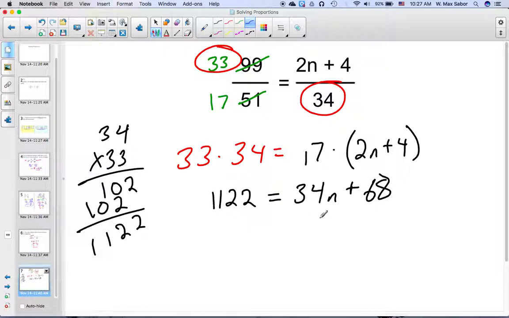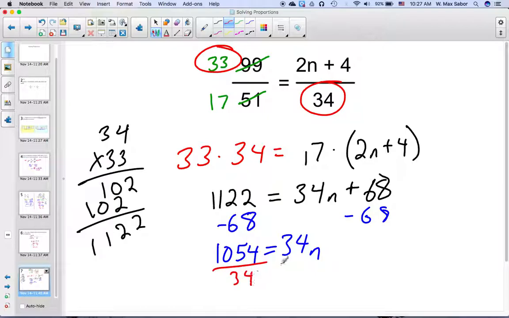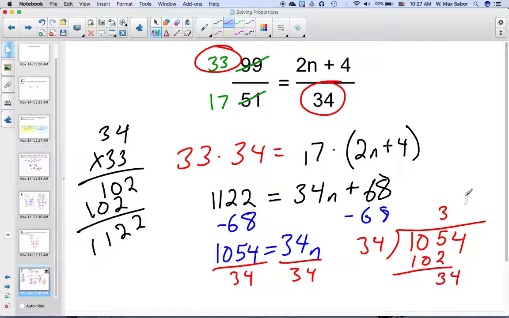Then subtracting 68 from both sides gives us that we have 1054 equals 34n, and then dividing by 34 on both sides. 1054 divided by 34. 34 goes into this 3 times. 3 times 4 is 102, 34, 31. So n equals 31.